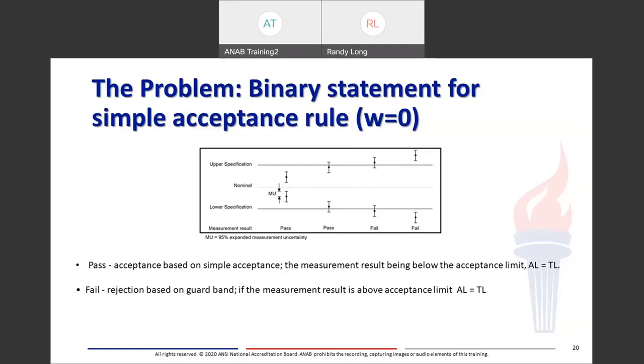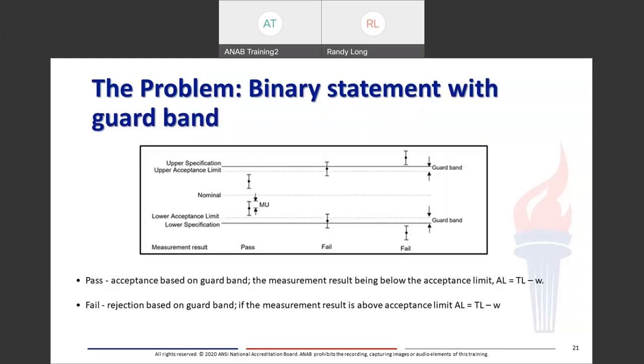But if it's out, even if the uncertainty brings it in, would still be a fail here. Here's a non-binary statement with a guard band. So then the rejection here, it's still within these tolerance limits, but it's outside of the acceptance limit.